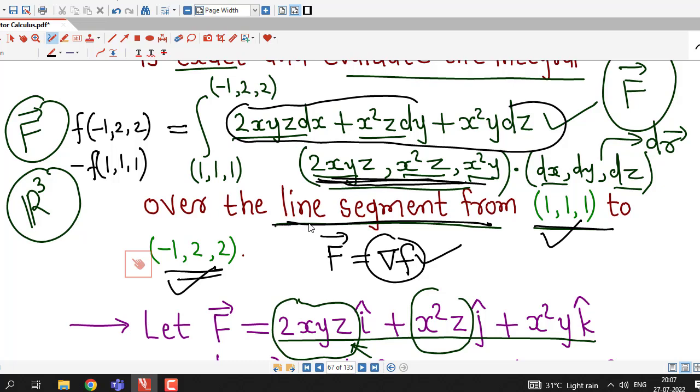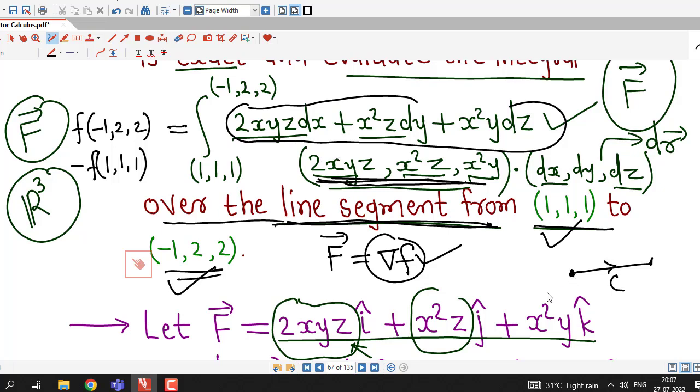So we are not doing any parametric representation, or even writing the representation of the line segment, or the equation of the line joining 2 points. We are not writing any information about the curve joining these 2 points, which is the line segment, because we know that the line integral is independent of path.